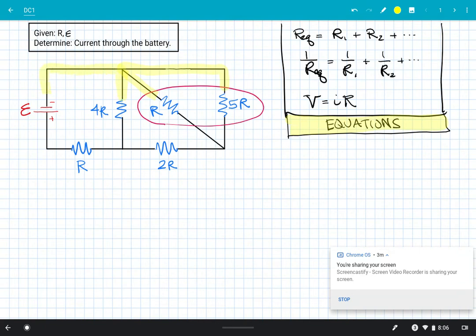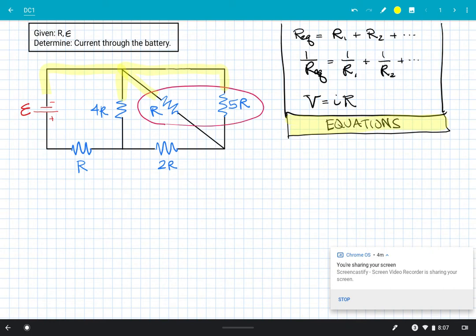Everywhere that I've highlighted that wire in yellow, it's at one potential value, at one elevation. Elevations in our circuits only change when we cross through some component that is either dissipating or being a source of energy. Resistors, when they have current moving through them, dissipate energy. So they're an energy drop, therefore a potential drop.